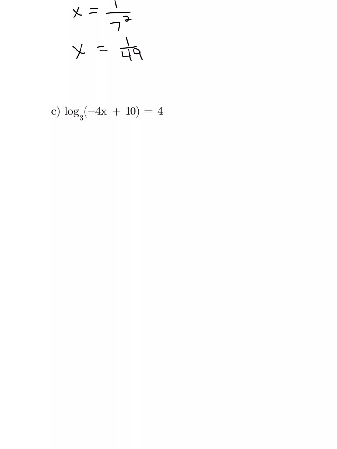The logarithm is already isolated, so we can go straight into exponential form. Exponential form would give us 3 to the fourth equals -4x plus 10. 3 to the fourth is 81.